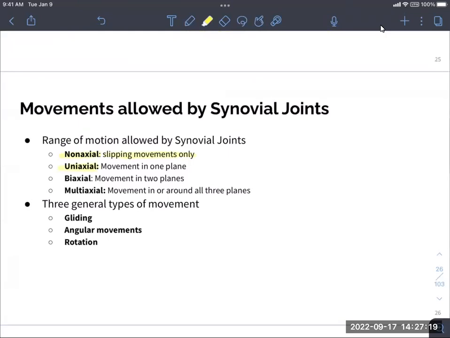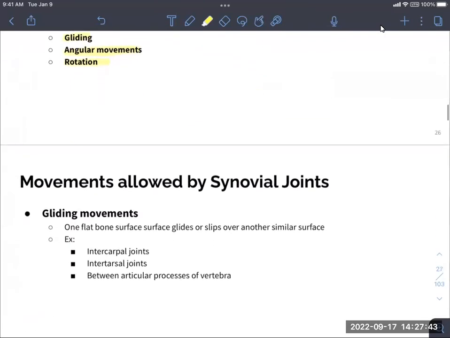Uni is one, so it moves in one plane. Biaxial, bi is two, so two planes. Multiaxial, multi, so there's many, or all three planes. We can have gliding, angular, or rotational movements.